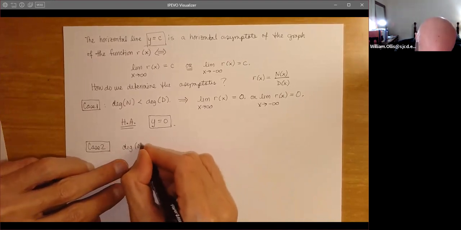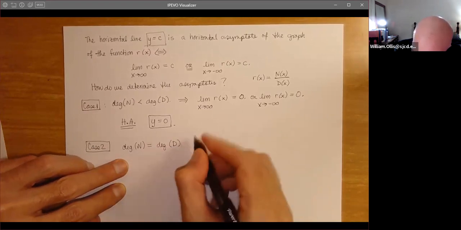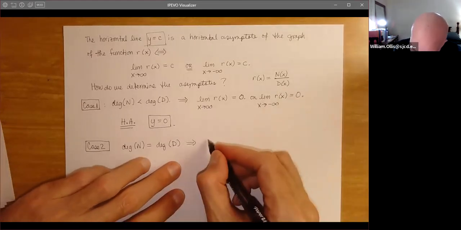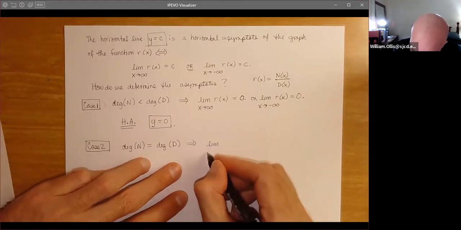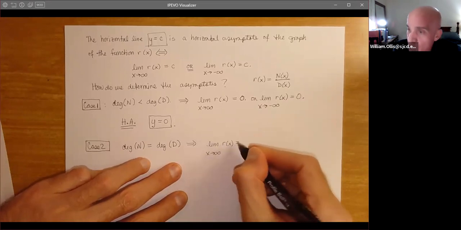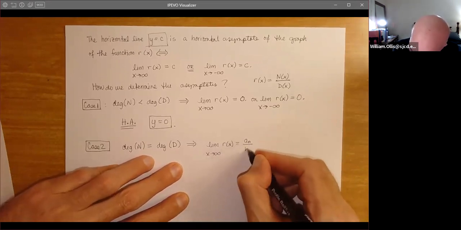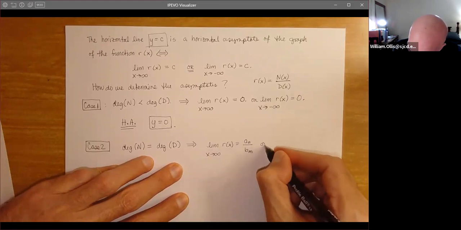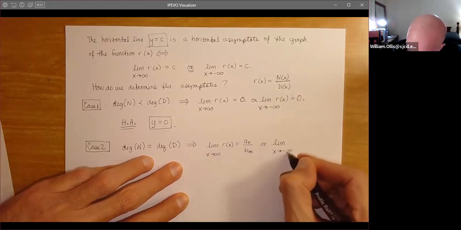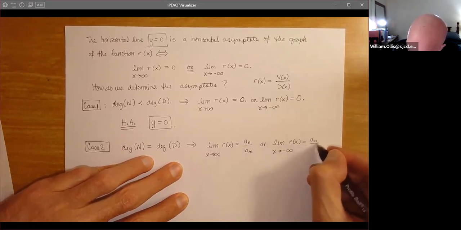Degree of N equals the degree of D. Well, this just implies, now remember how we define these, the limit as X approaches infinity of R of X will now be the ratio of the leading coefficients. So we'll have A sub N over B sub M, or the limit as X approaches negative infinity of R of X will be A sub N over B sub M.